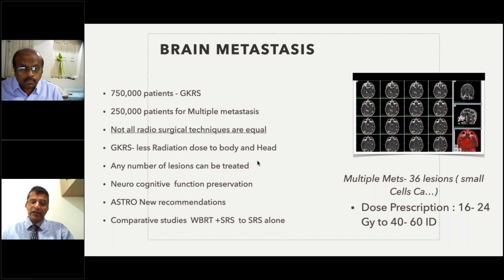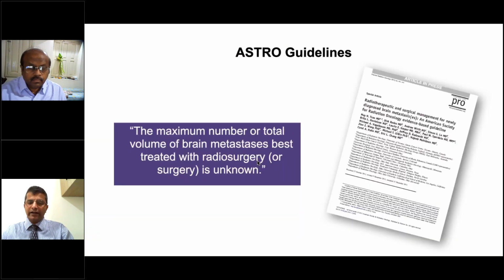There are many studies, because some schools hold that SRS should be followed after WBRT. That is not the case. The new school and approaches, even the ASTRO guidelines, say the maximum number of tumors which can be treated using this technology is unknown, and it also talks about whether upfront WBRT is necessary or not. That is a clinical question to be addressed by the clinical community who are practicing this.